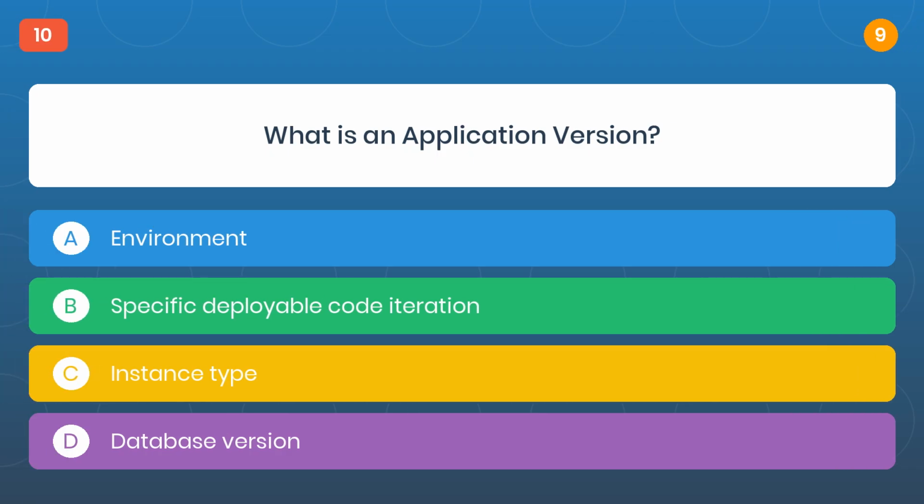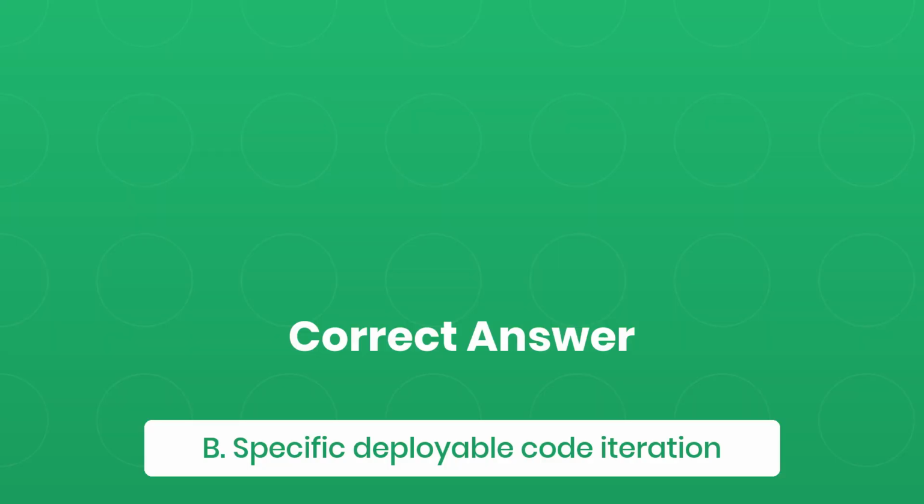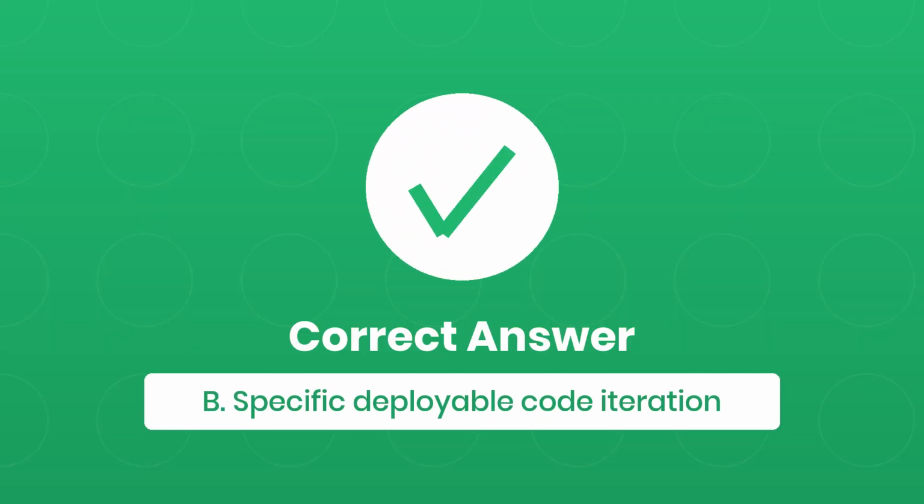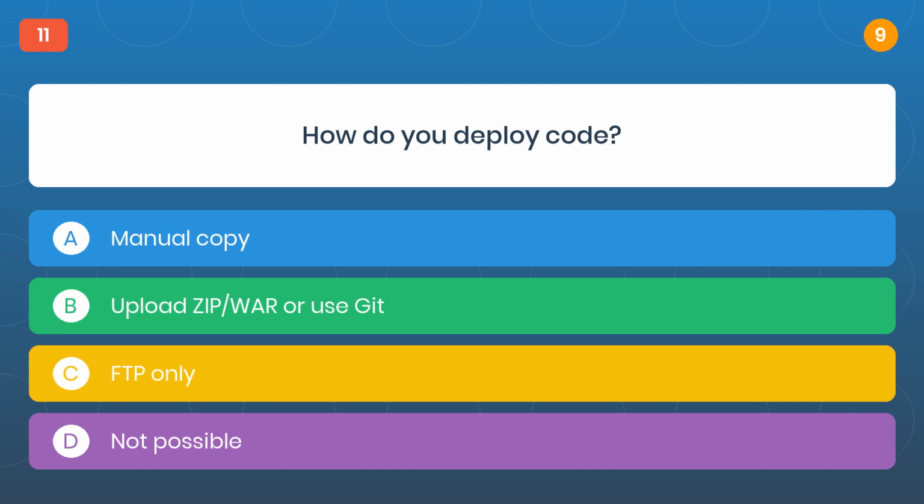Question 10. What is an application version? The correct answer is B, specific deployable code iteration. Question 11. How do you deploy code?